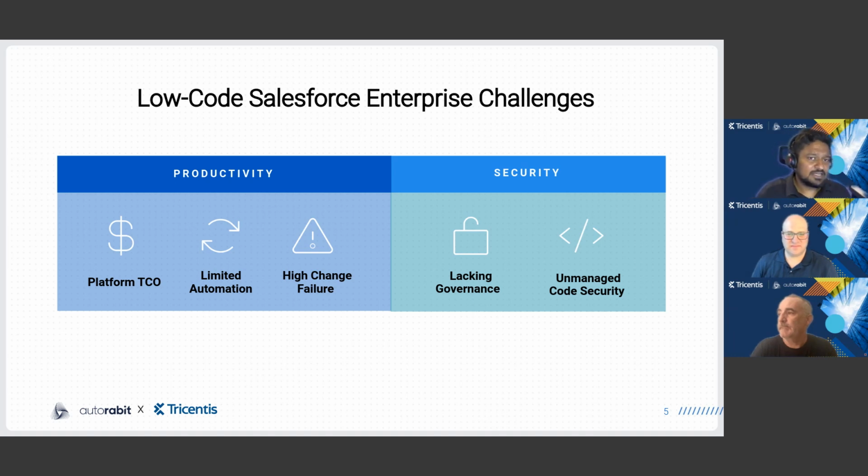So it's not just the cost of the app itself, but there are also these additional costs that come in. Sometimes there is also limited automation in terms of what you can do around Salesforce. Salesforce does not come with out-of-the-box tools, and that's where ISVs like ourselves try to fit in that gap, in order to give you the tools that you need to make sure Salesforce works at scale.